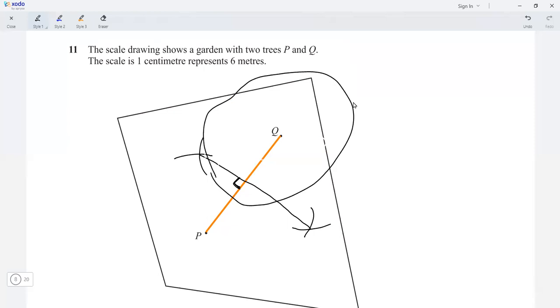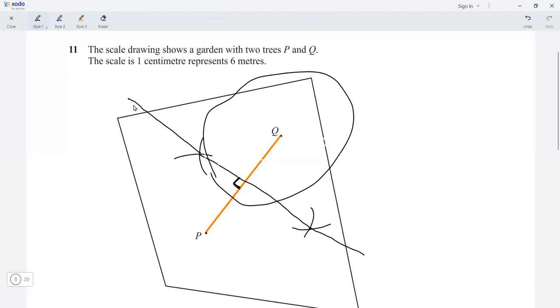They're saying the region is closer to Q than to P. So what we have to do here, you can see clearly in the image, the bisector line must be extended as well. We can extend this line through the whole region.